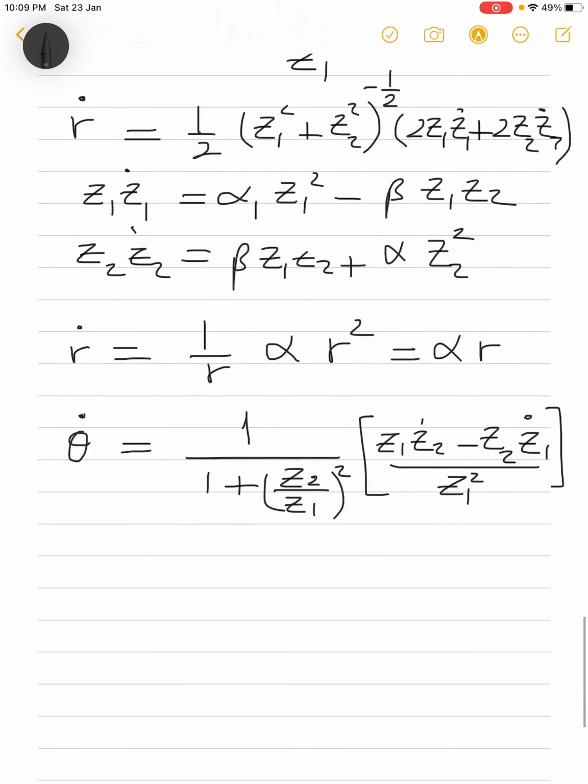And again, by direct substitution, we can figure out that theta dot is actually equal to beta.